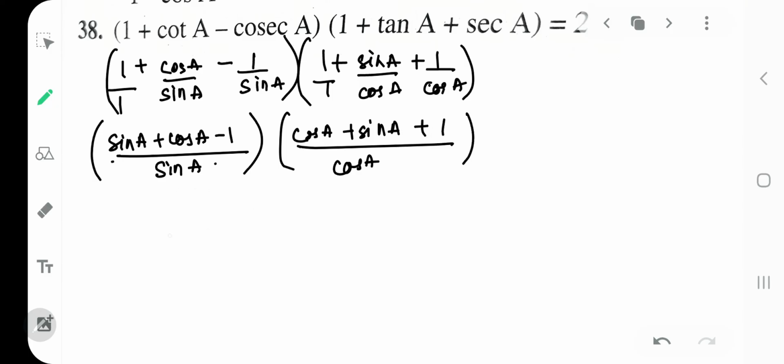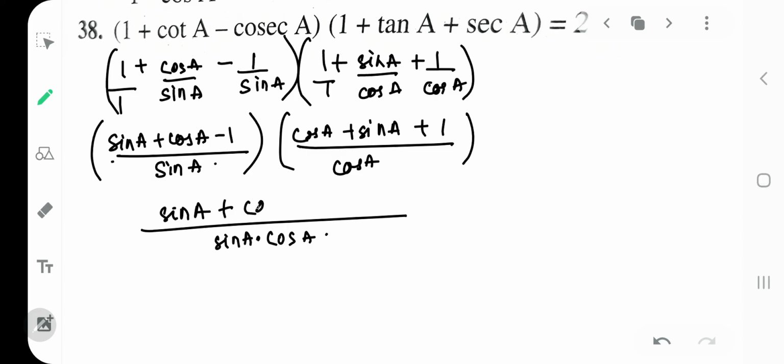Now if you multiply these both equations, so down will be sin a into cos a, and above if you notice, it is sin a plus cos a minus 1, sin a plus cos a plus 1. So it will be sin a plus cos a the whole square minus 1.